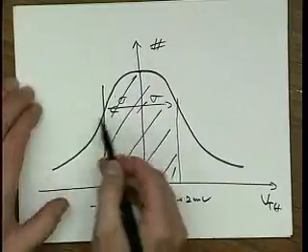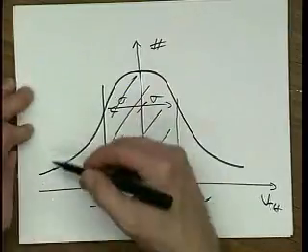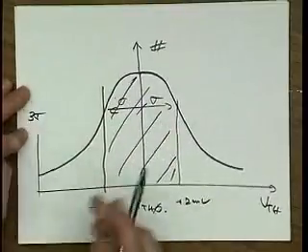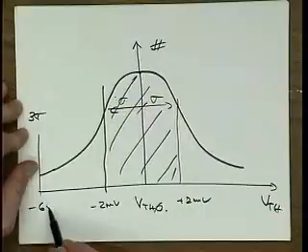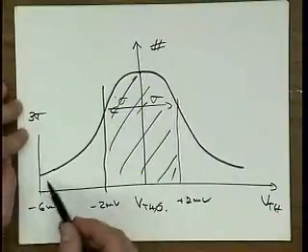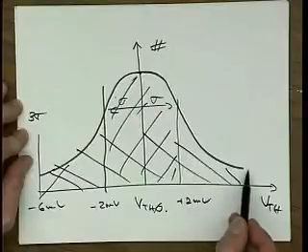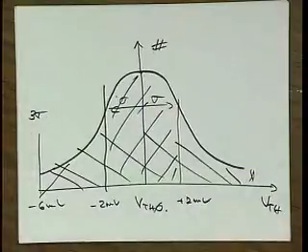So in practice, typically we will use plus minus 3 sigma, so minus 6 millivolts to plus 6 millivolts, and then the number of devices that fall between these two bounds, plus minus 3 sigma or 6 millivolts, is going to be 99.3%, something like that. So now it gets sort of more reasonable.